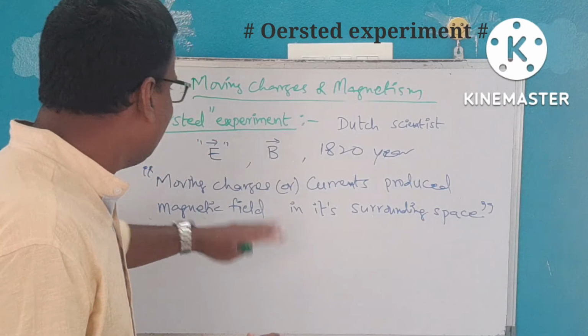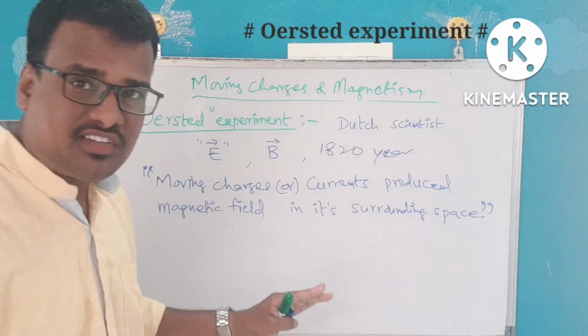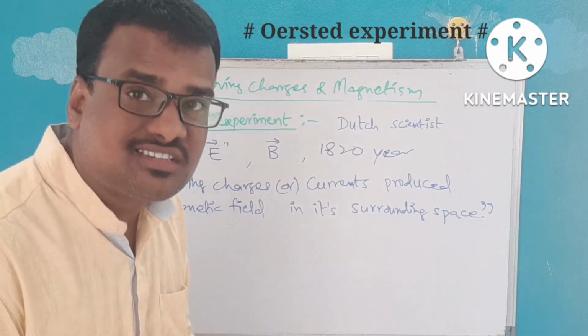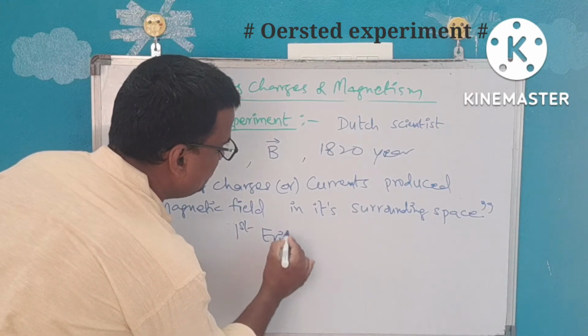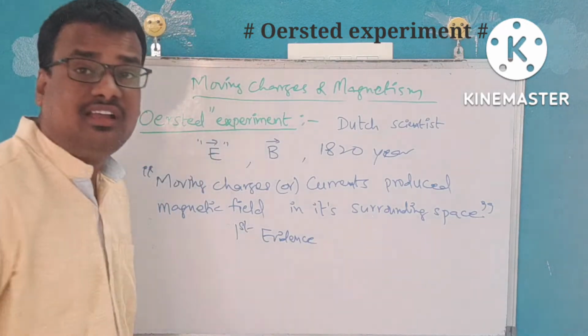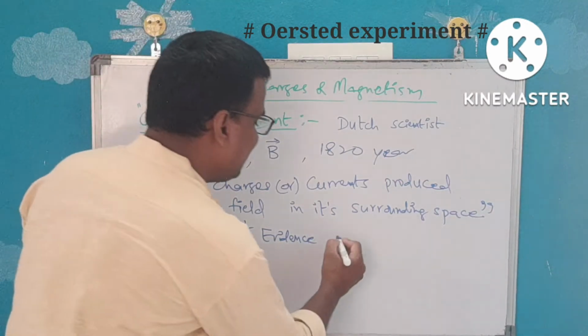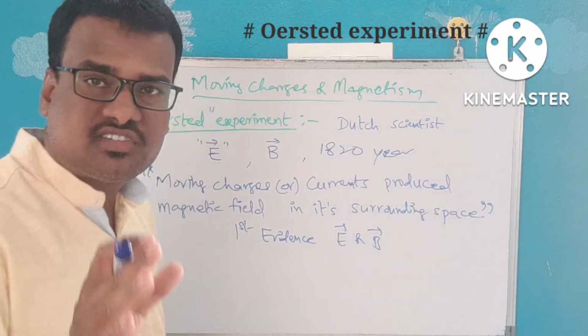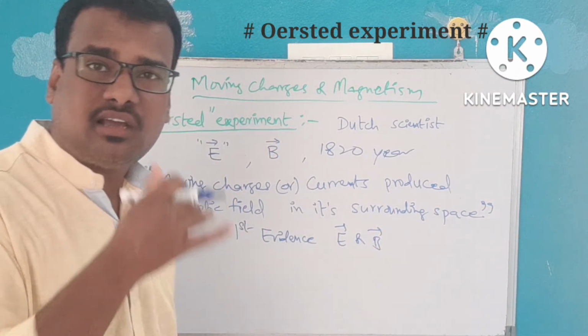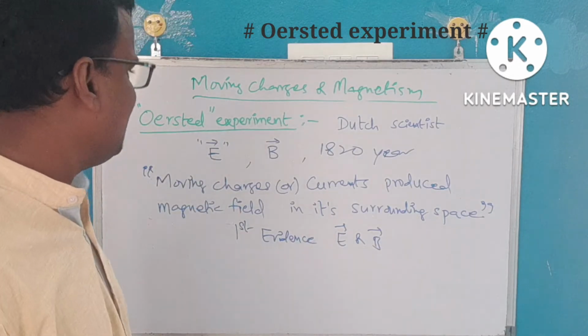That statement was stated by Oersted. This is the first evidence of a relation between the electric field and the magnetic field.